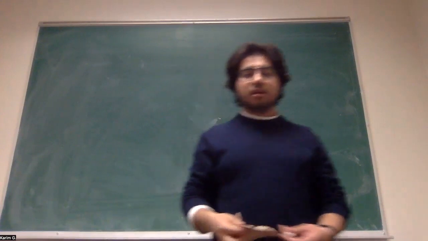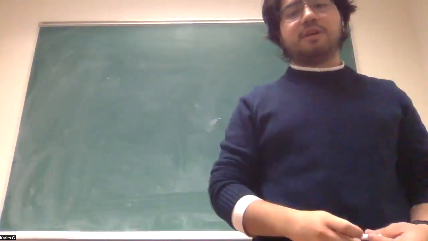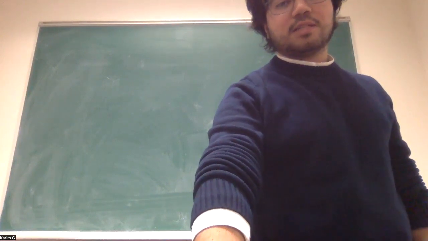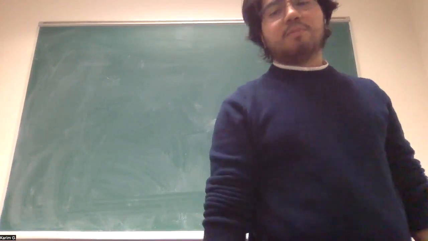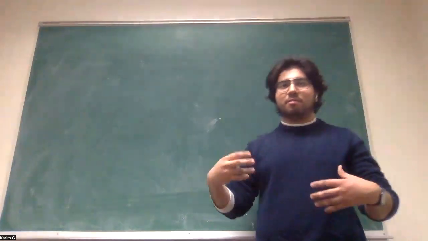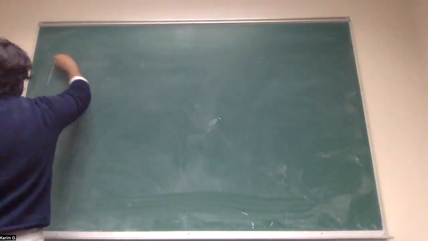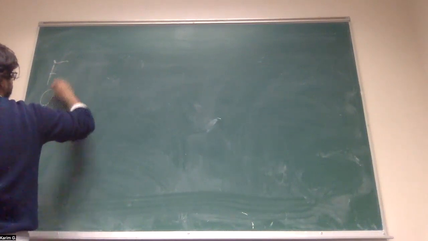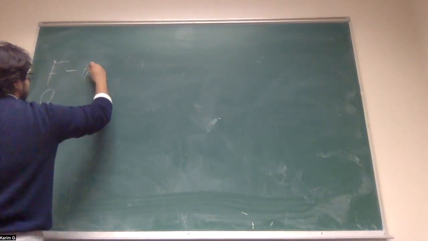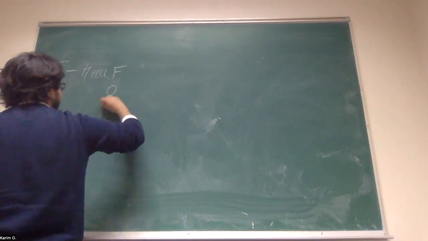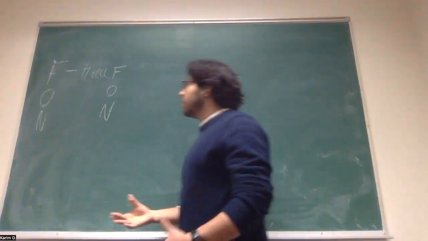So then the next one says, which one of the following substances should exhibit hydrogen bonding? It's the same question, but now we're given more complex molecules. So still the same idea of F-O-N.